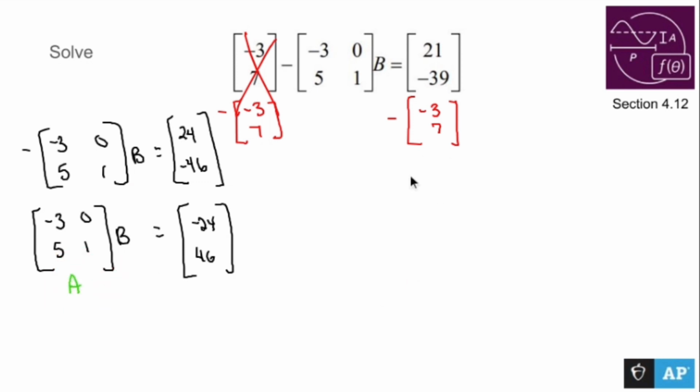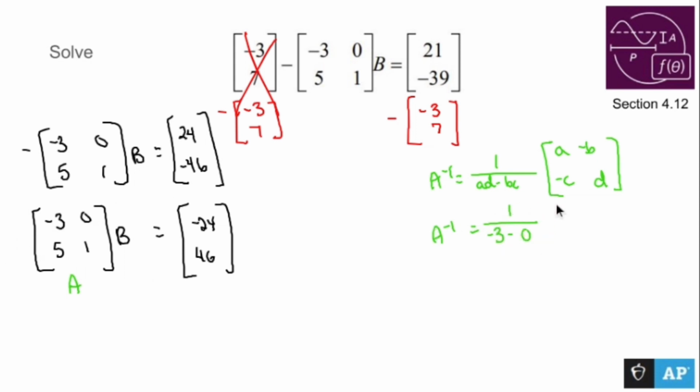You're now A. The inverse of A is going to be 1 over the determinant. What's the determinant? AD minus BC, multiplied to you flip-flopping the A and the D elements, and then you swapping the signs of B and C. So what that's going to look like for us, A inverse, is going to be 1 over A times D, which is negative 3, minus BC, which is 0 times 5.